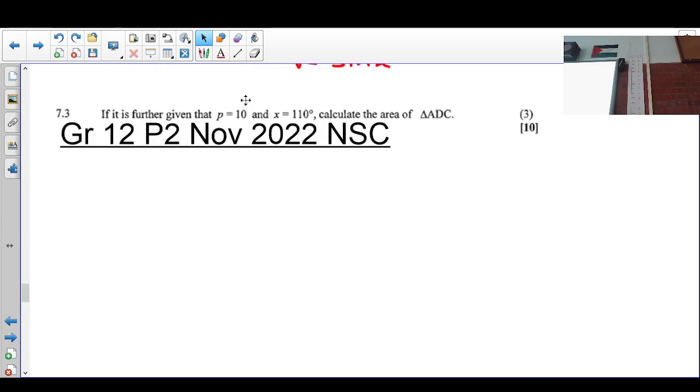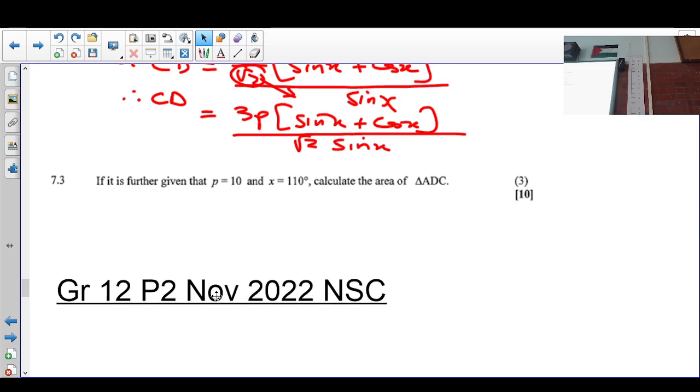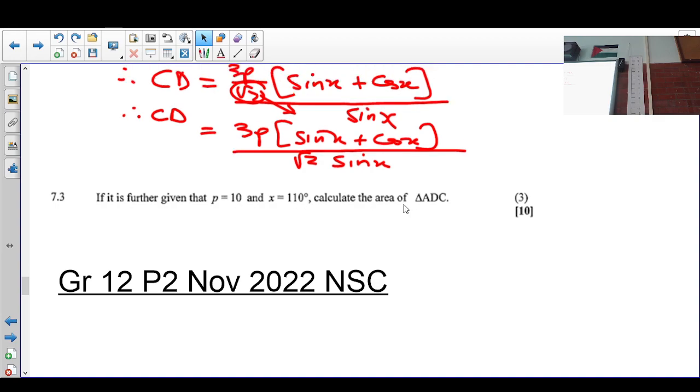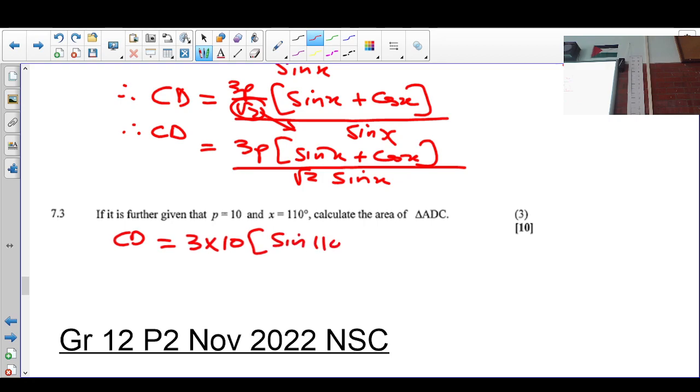And the last question. It's further given that p is 10 and x is 110, calculate the area of triangle ADC. So what I'm going to do is I'm first going to calculate CD. So CD is going to give us 3 times 10 into sine 110 plus cos 110 over root 2 sine 110.